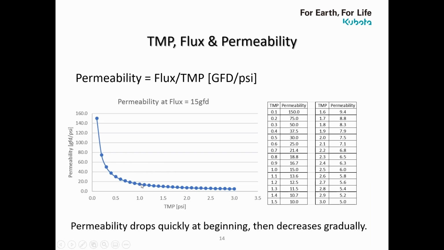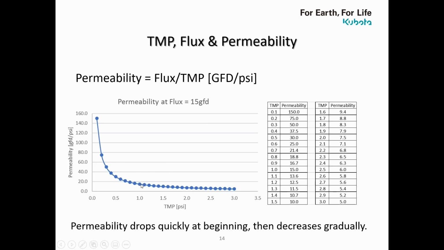Some plants judge the timing of chemical cleaning by looking at the permeability. If the permeability gets too low, about 10 GFD per psi, or at some plants around 15 GFD per psi, they do a chemical cleaning.